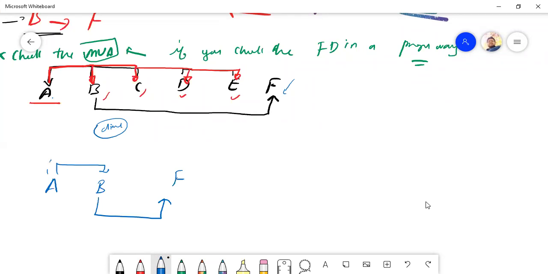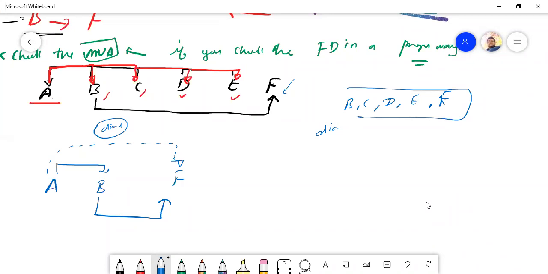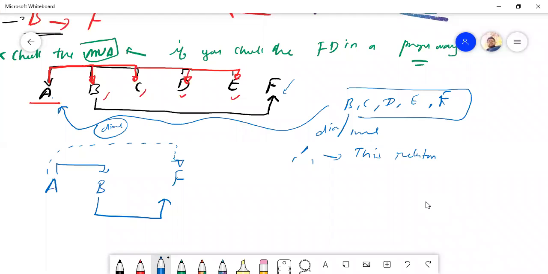So the F is indirectly depending on A. So all the attributes, say B, C, D, E, and F, are either directly or indirectly dependent on A. So I can say everything depends on A. So I can simply say this relation is at least in 1NF.